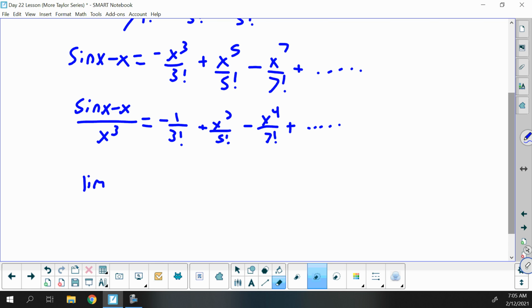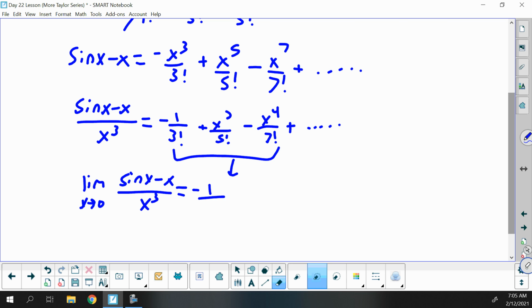So for our limit as x approaches 0 of sin x minus x over x cubed, we're just going to have minus 1 over 3 factorial, and then everything else is going to be zeros. So this is just going to give us negative 1 over 6 for that limit.